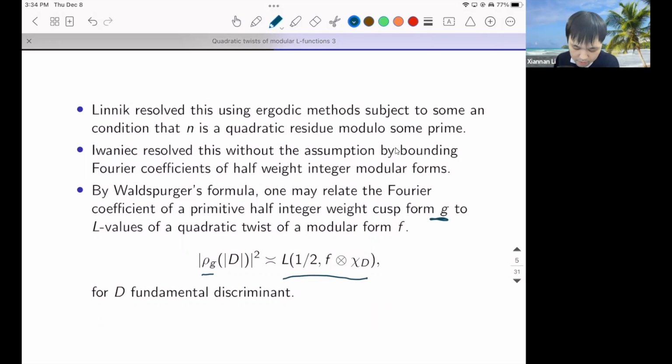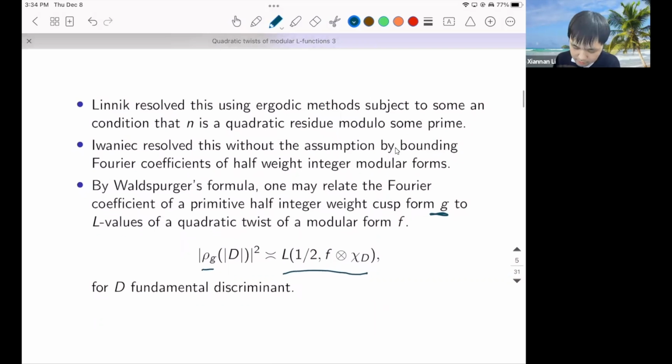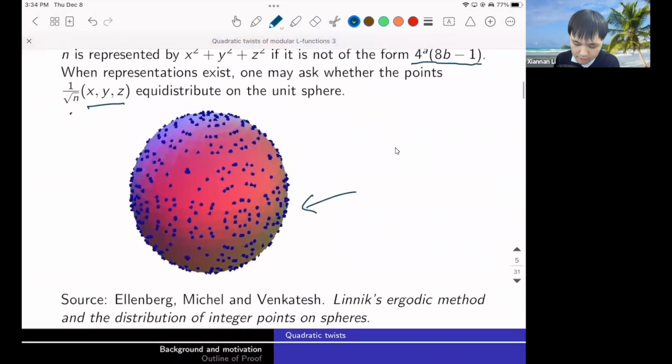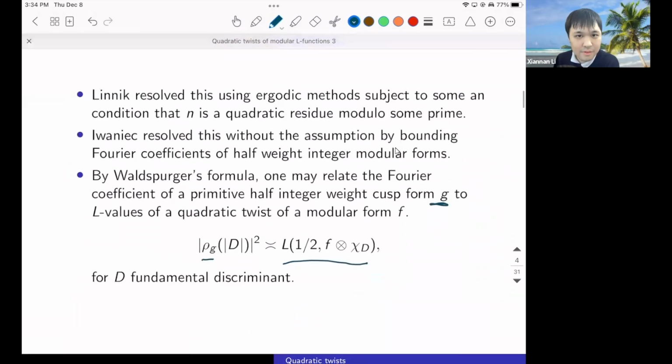So this is Waldspurger's formula. So for instance, if you wanted to bound these coefficients, you can also bound the L-value. Of course, there's more work and far more general questions in this direction that I won't mention. I'll just motivate what we're talking about with the most concrete examples that I can find.